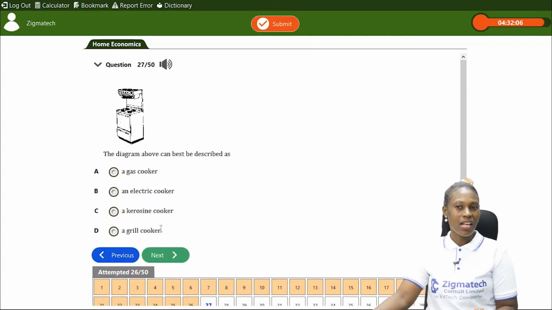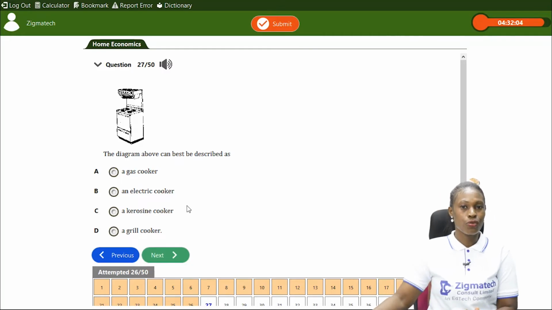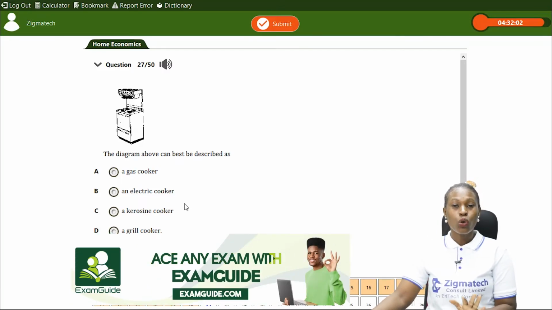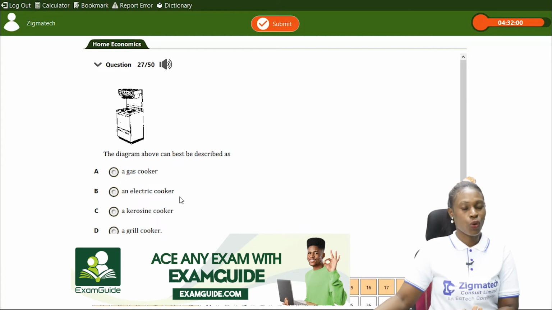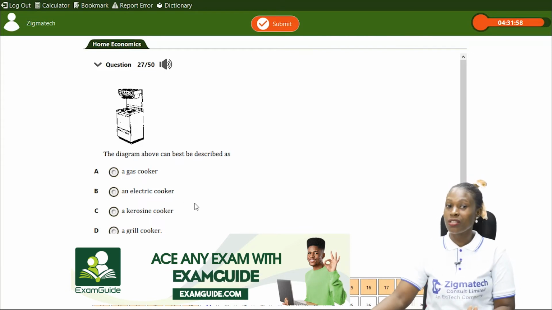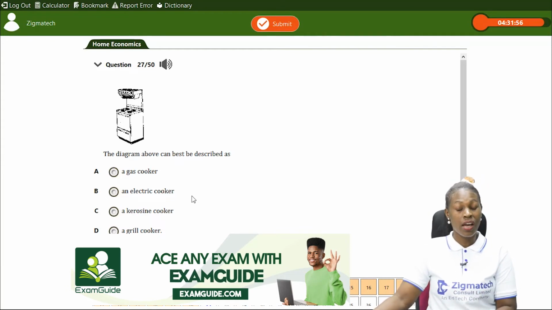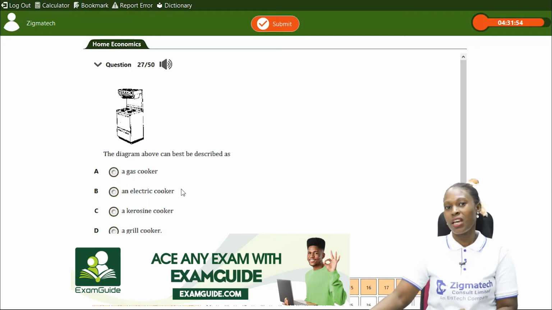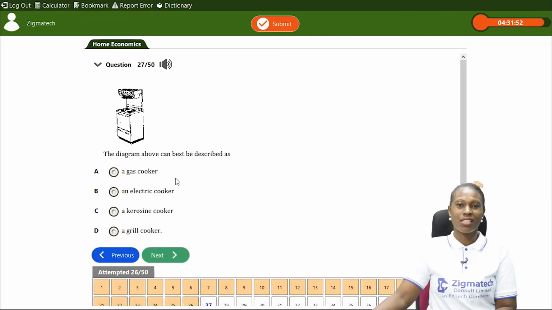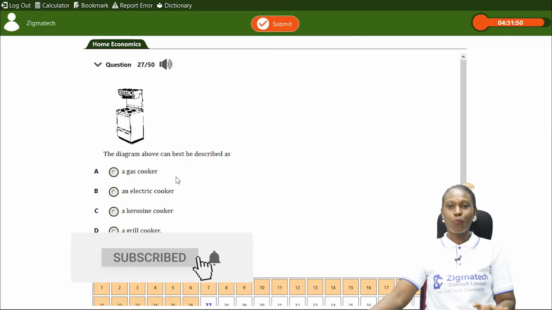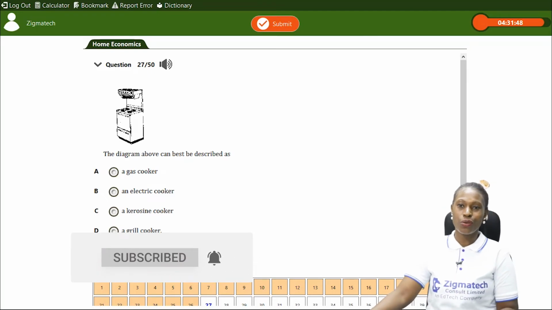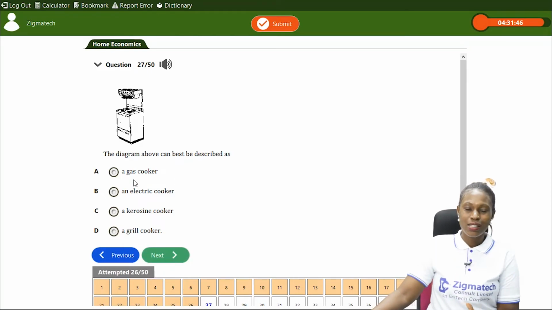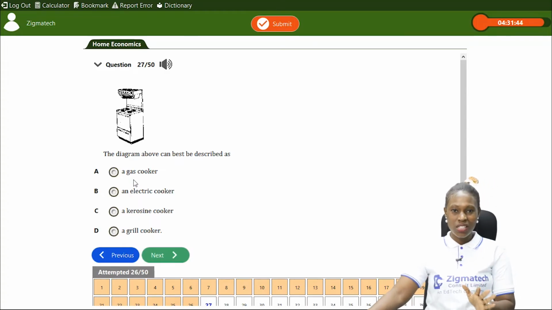Now when you see diagrams like this, you have to be very careful. You have to take a close look at it before you attempt your questions. Very important, because sometimes the diagrams can be very confusing if you do not pay close attention to them. It might be looking like a grill cooker to you, or at the same time, it's looking like a gas cooker, and then you're not getting it.